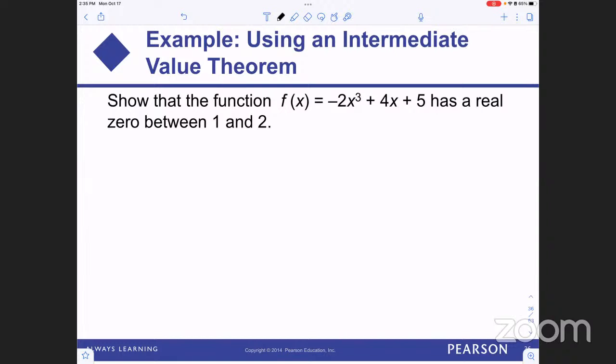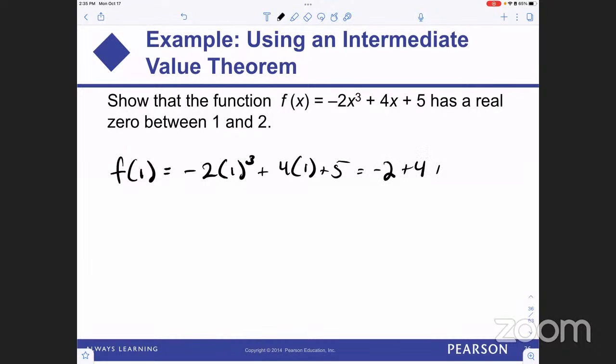So for instance, f of 1 is going to be -2 times 1 cubed plus 4 times 1 plus 5. That's going to be -2 plus 4 plus 5, which is 7. So notice that that one is positive.